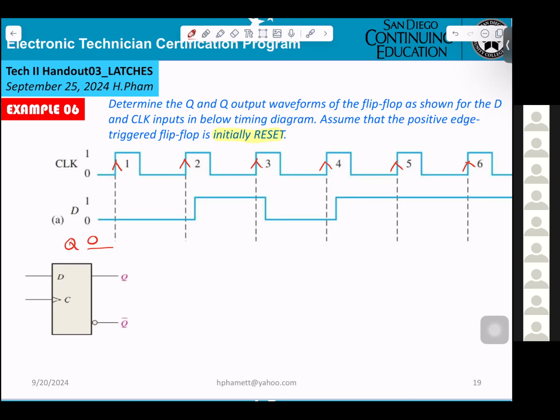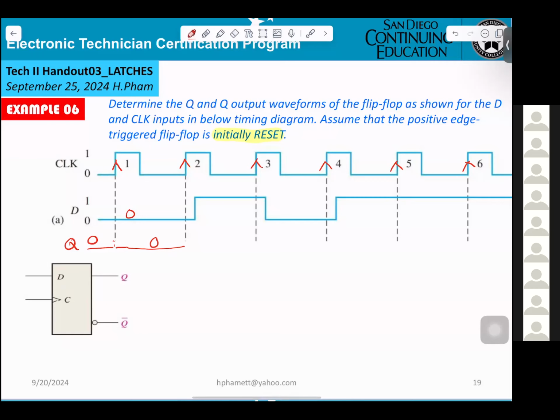Again, I'll try to repeat for you: Q equals D when the clock goes 0 to 1. At the beginning, it gives 0. When the clock goes 0 to 1, what is Q? Q is equal to 0. The thing is, D equals 0, so Q will equal 0 until the next transition.